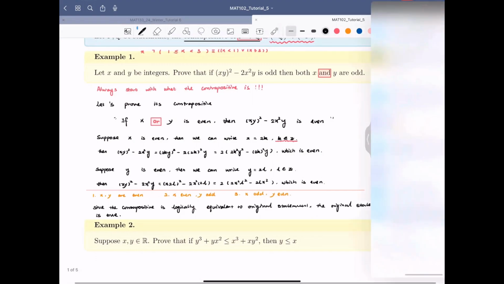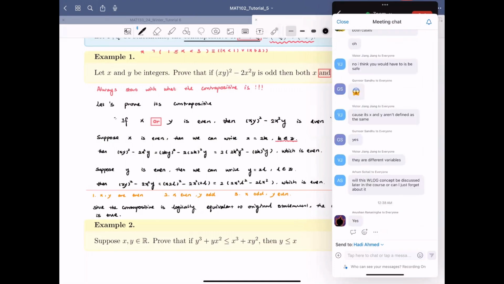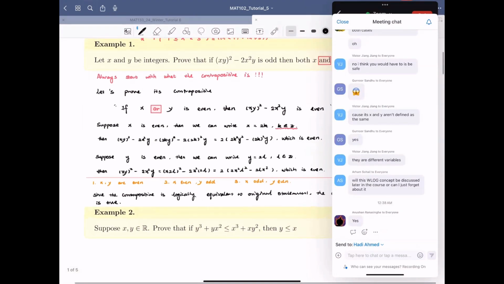And you can call it the end of the proof. Are we clear? I hope you do not make those mistakes.